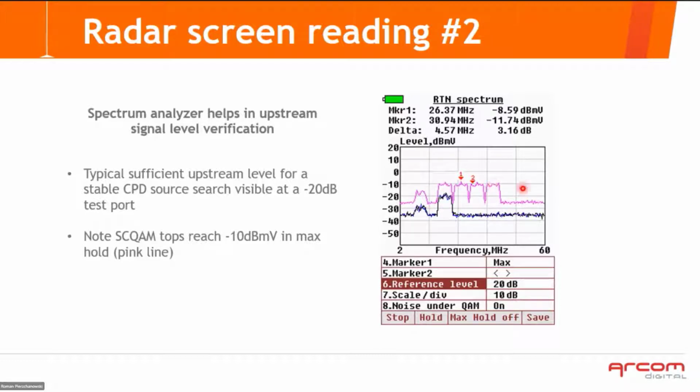Please remember that return levels are lower than what you would expect at the test port, because these test ports were not meant to measure the return level. You've got forward test ports to measure the forward level.